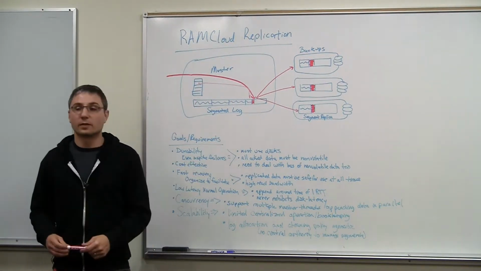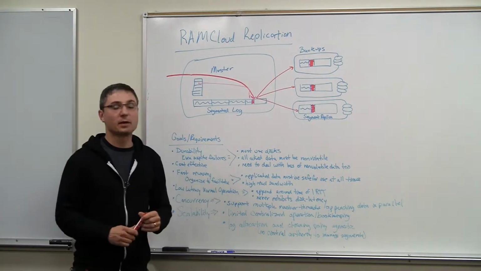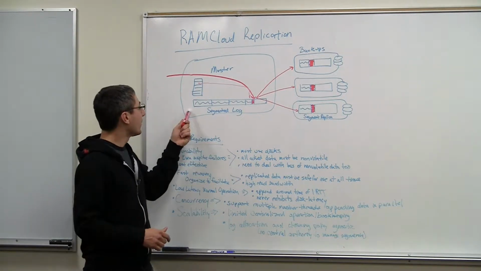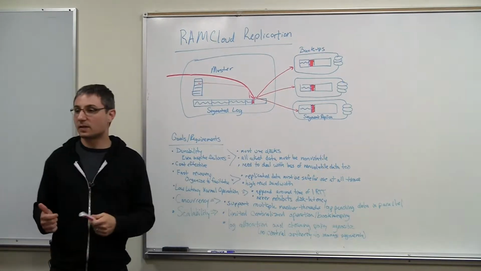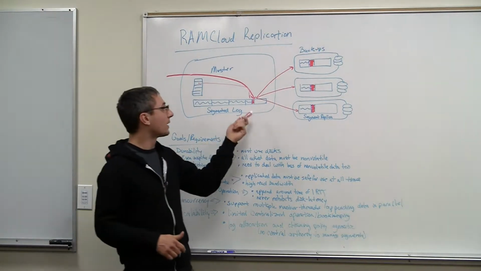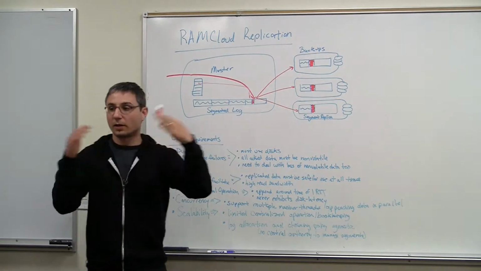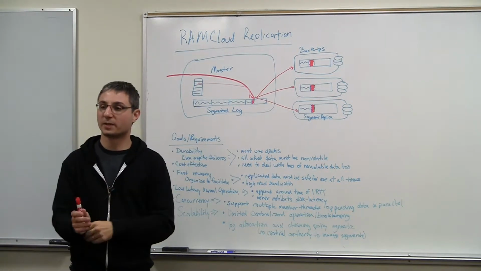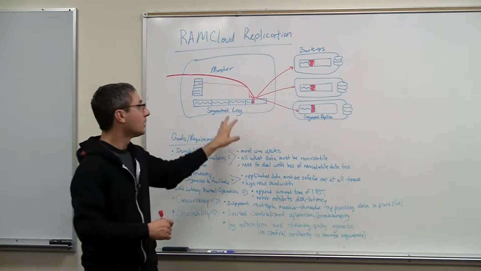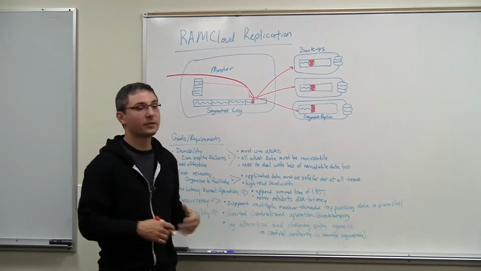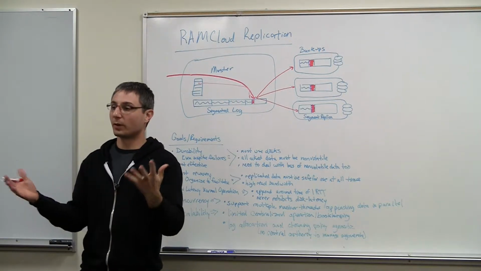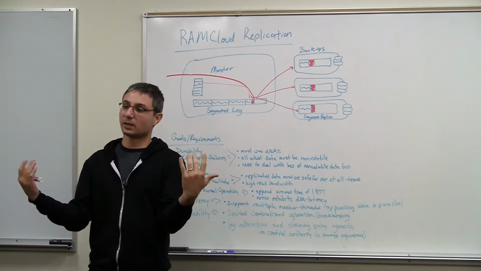Actually, mathematically this works out kind of nicely, because every master in the cluster only has one open head segment, but they're also acting as a backup. In expectation across the cluster, and we'll get into more about how we scatter segments, each master has about 3 replicas that it's accepting data for.